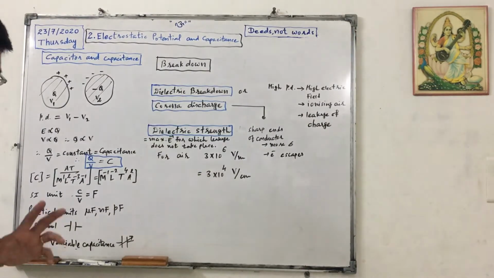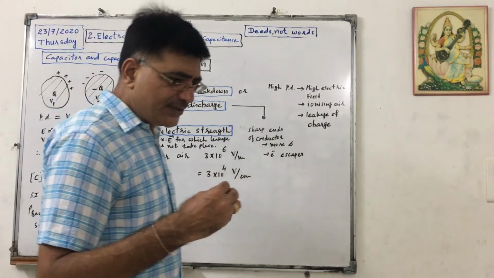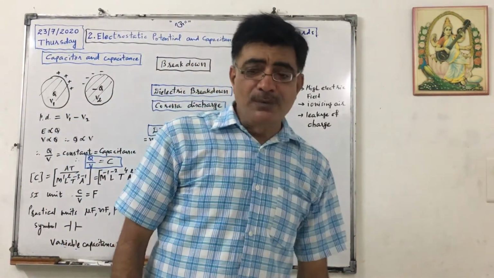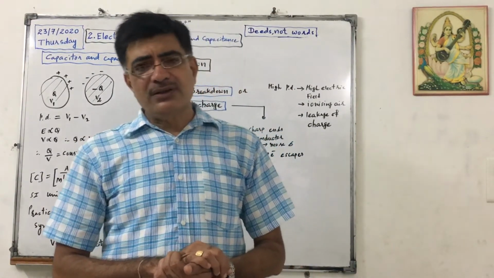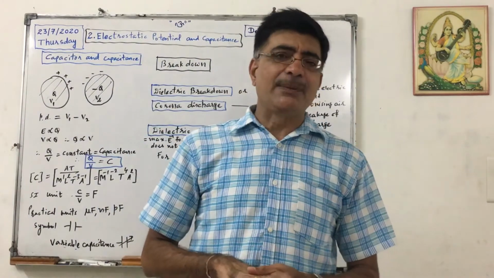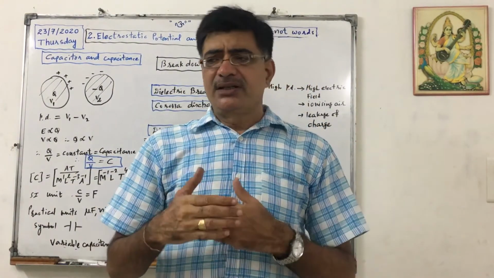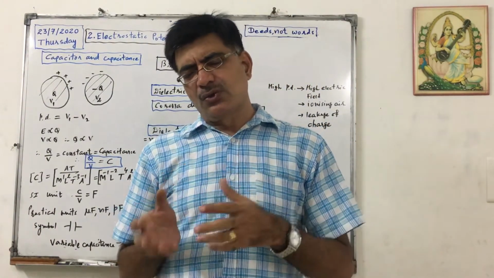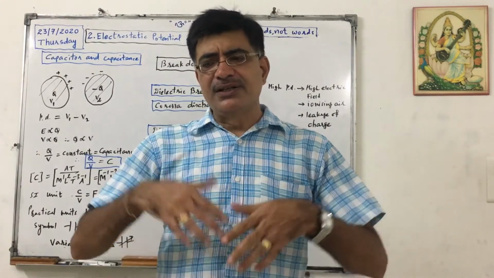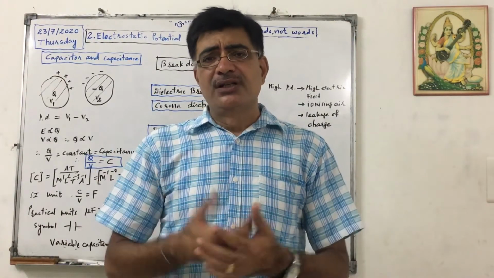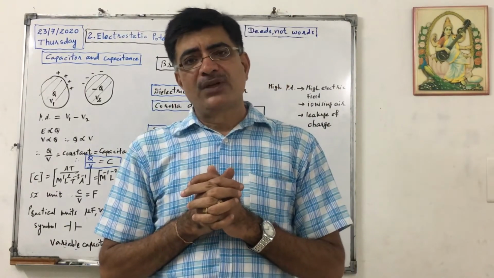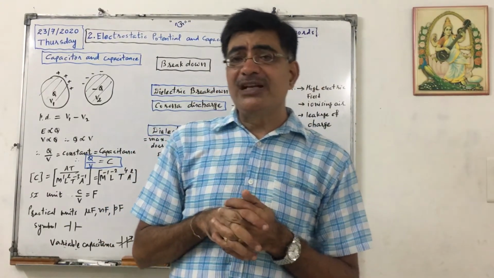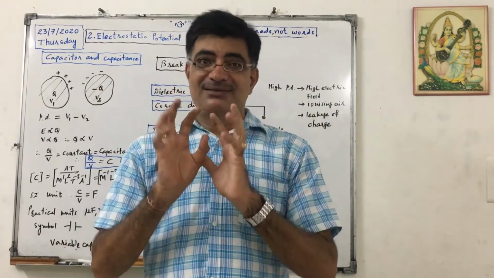Now, there may be a question in your mind: how much charge can we store? We cannot store unlimited charge. If we keep on storing charge and increasing the stored charge, the surrounding electric field will become stronger, so it will ionize the surrounding air.